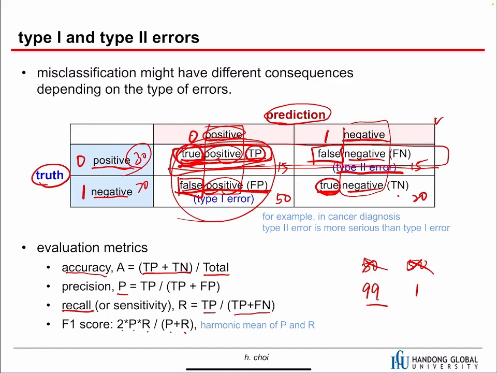So in this case, the classes are not balanced. So imbalanced classes have some problems with accuracy. So in that case, F1 score would be a more proper way to measure your model.